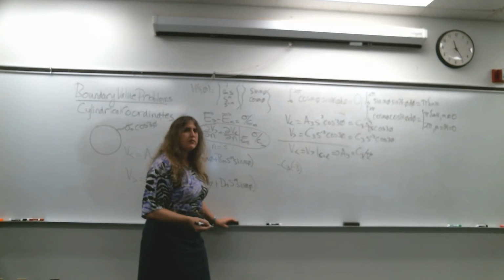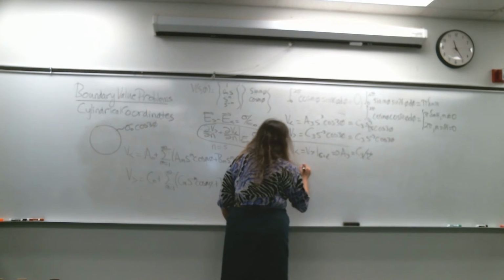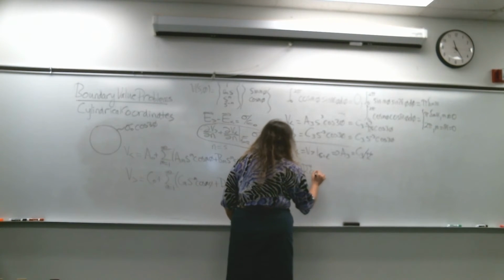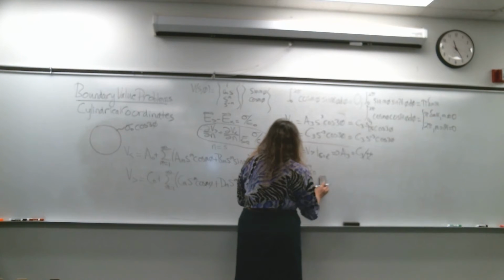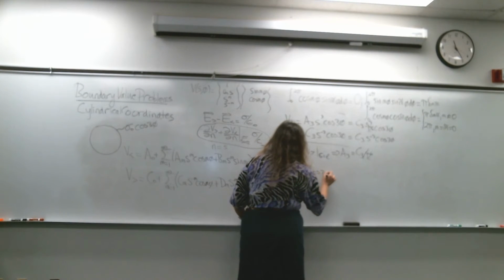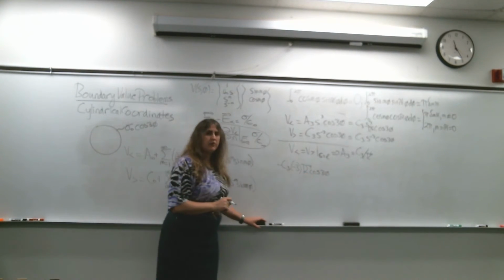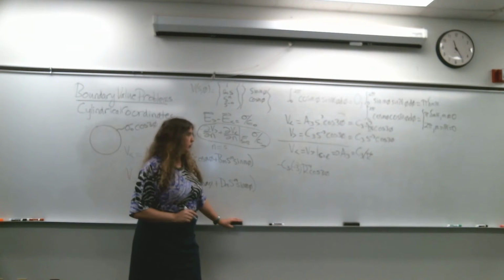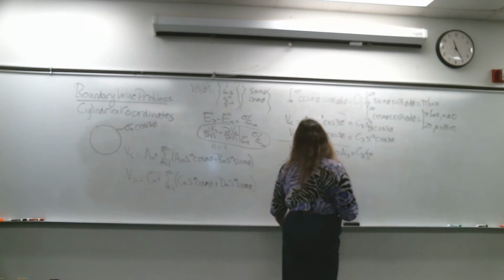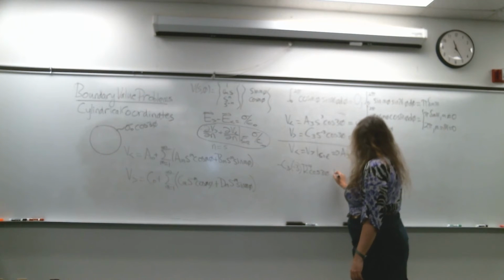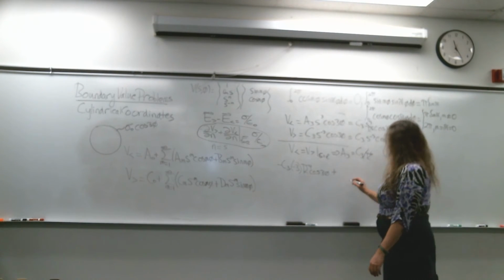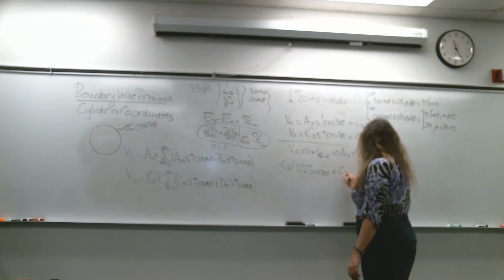We're evaluating this at the radius, so this becomes R to the minus 4 cosine 3 phi, plus C3.